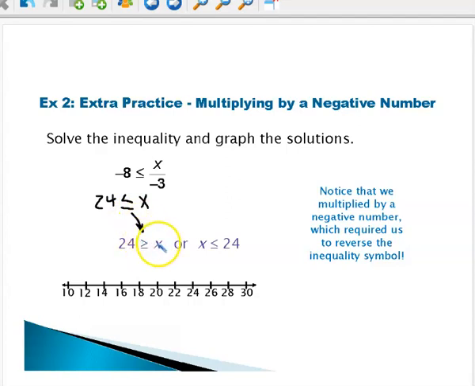But I'm still not done because I like to have the variable on the left-hand side. So once I get to this point, I'm going to finalize it with one last step where I flip the whole thing around. My variable comes over to the left, my number goes to the right, and I reorient my inequality symbol. And the graph of that will look like this here, closed dot at 24 and still shaded to the left.